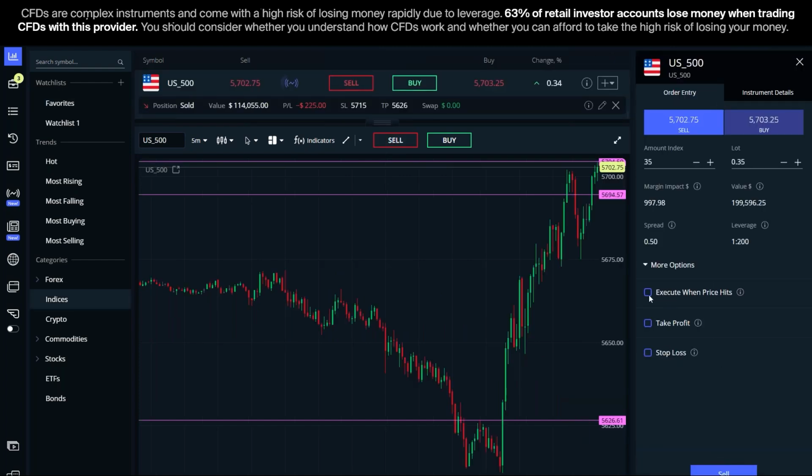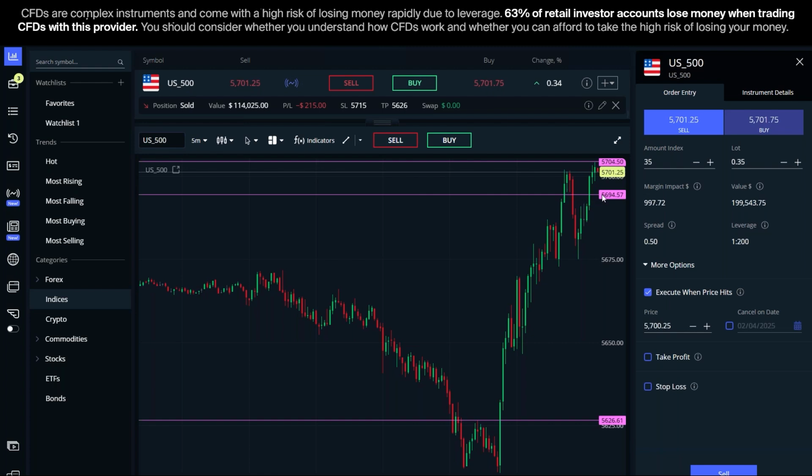So we could say execute if the price hits, let's say, 56.90, below this level, back below this old resistance level. If it drops back below there, 56.90, that would establish the downtrend again. So if indeed it drops to 56.90, take profit down here without having to break today's low, say 56.30.